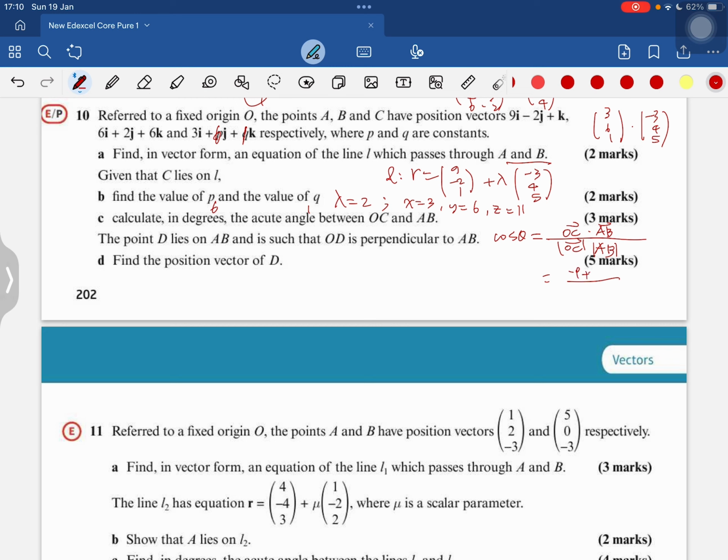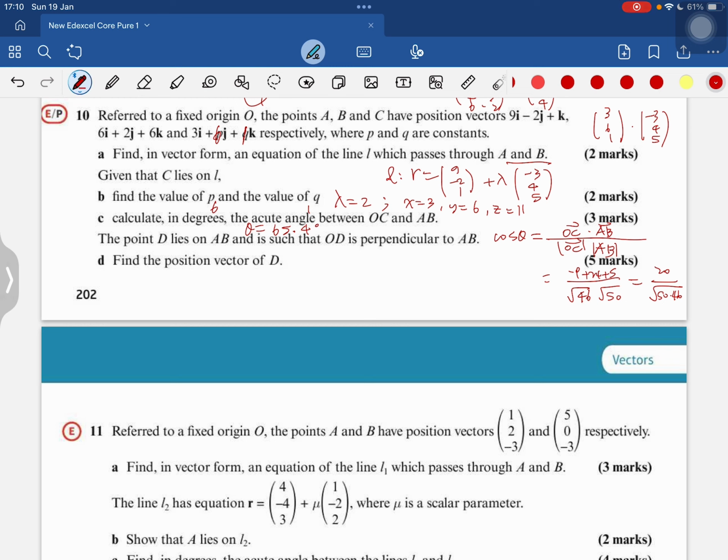So negative 9, 24, 55, which is 70. And OC magnitude is 9, 36, 121, 166, and AB is 50. Square root 50 times 166. Therefore, theta becomes arc cosine of 70 over square root 50 times 166, which is 65.4 degrees.